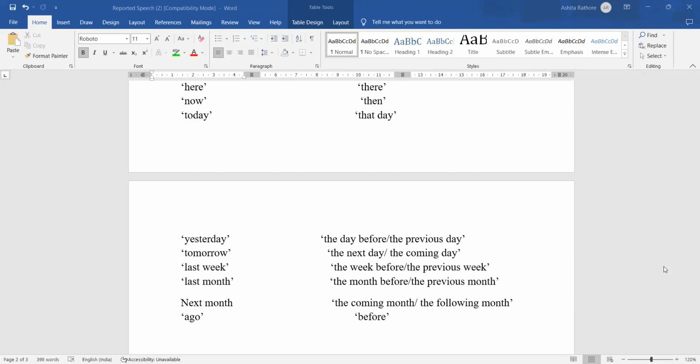What will the sentence be? Anyone? It's pin drop silence. Come on, very simple. Convert this into an indirect speech sentence.